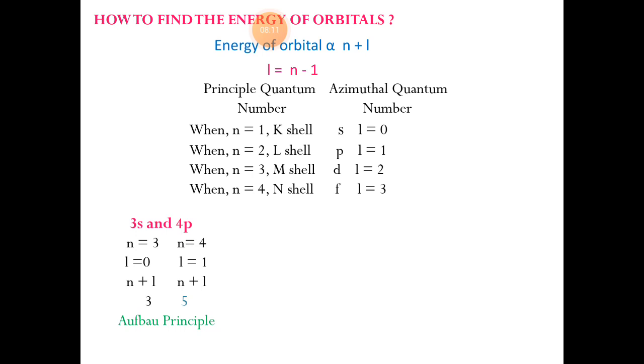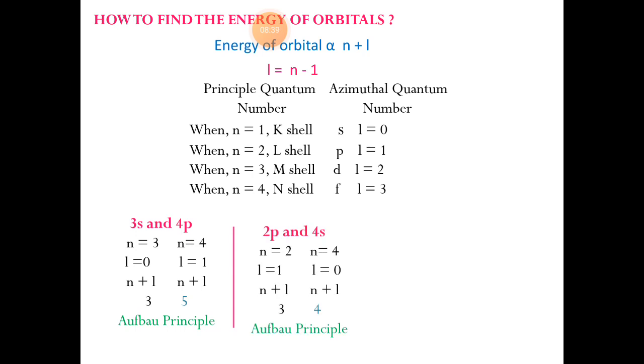For the determination of energy we are doing n plus L, that means 3 plus 0 is equal to 3. For 4p, n is equal to 4, and for the p orbital L is equal to 1, so n plus L is 4 plus 1, which is equal to 5. This is according to the Aufbau principle.